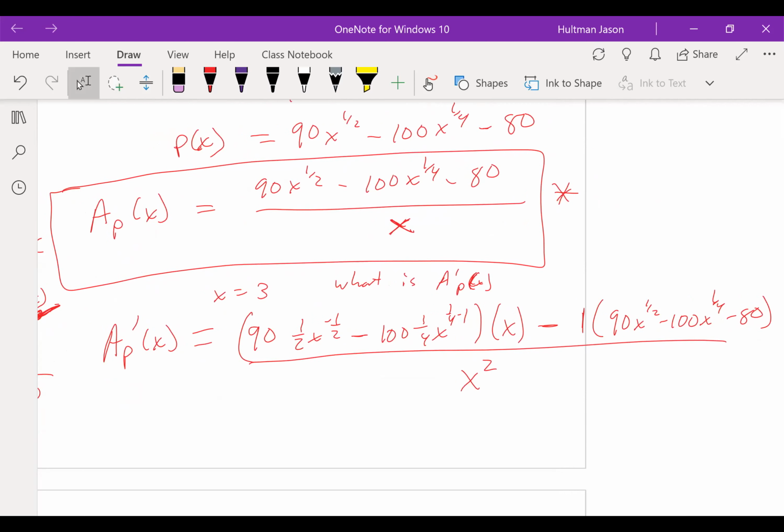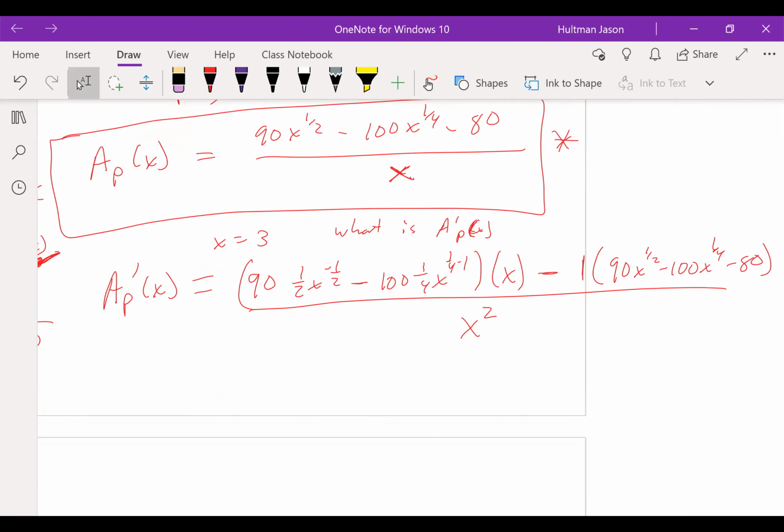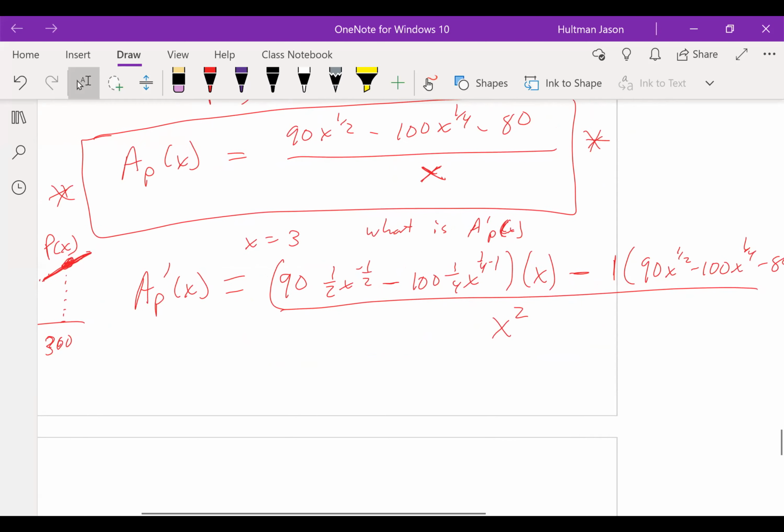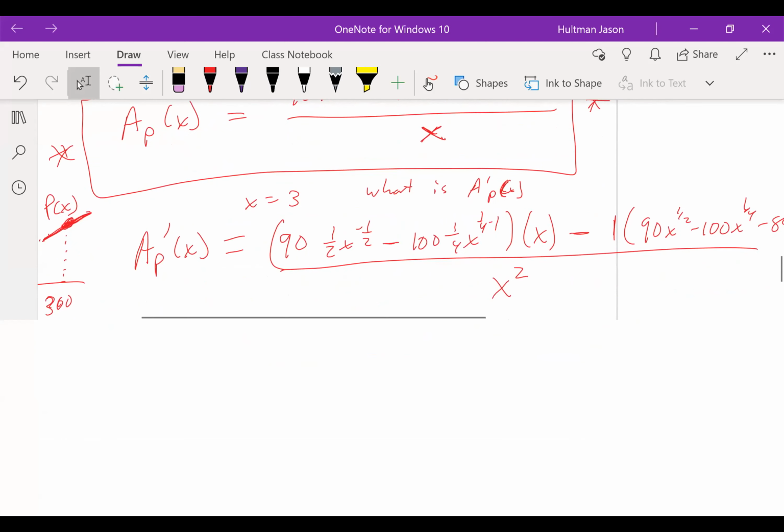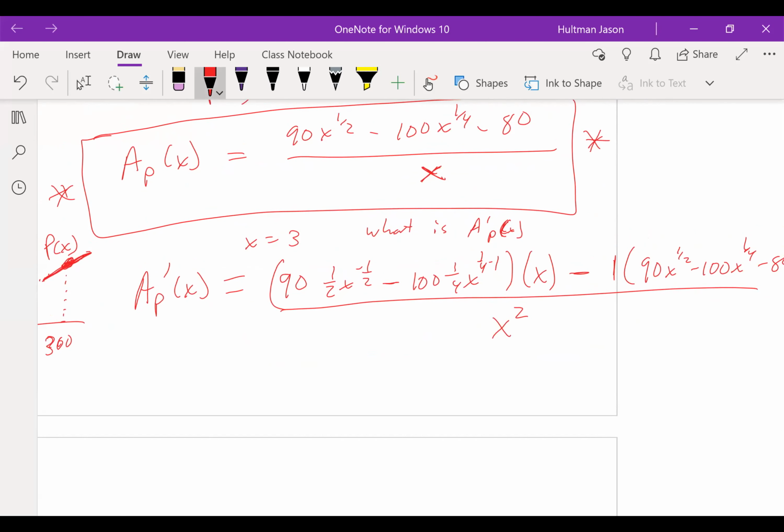So then I want to evaluate this when x is 3. I could clean this up a little bit if I wanted to. If I wanted to multiply by the x here, I could do something kind of sneaky.